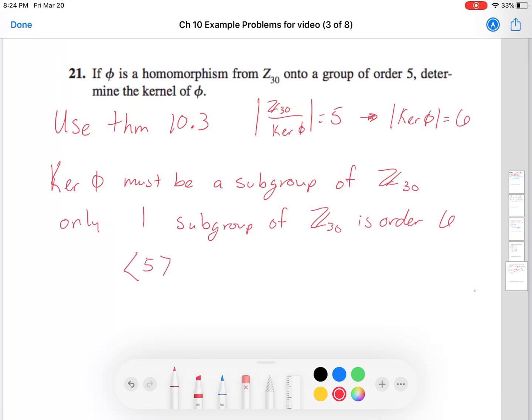That subgroup is the cyclic subgroup generated by 5. So that means the kernel of phi has to be equal to the cyclic subgroup generated by 5.